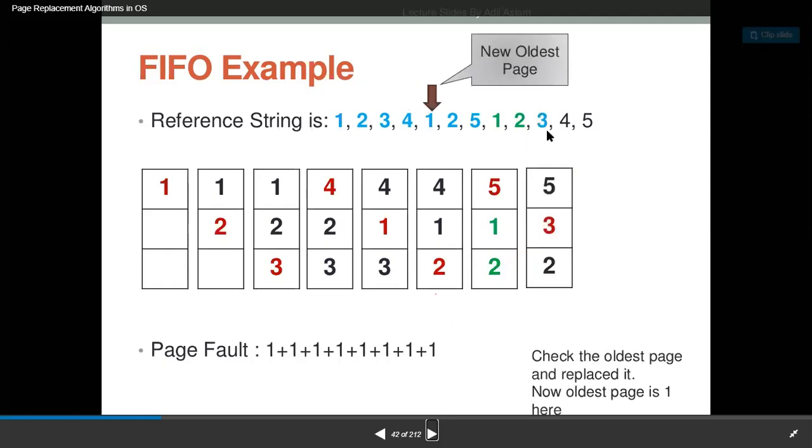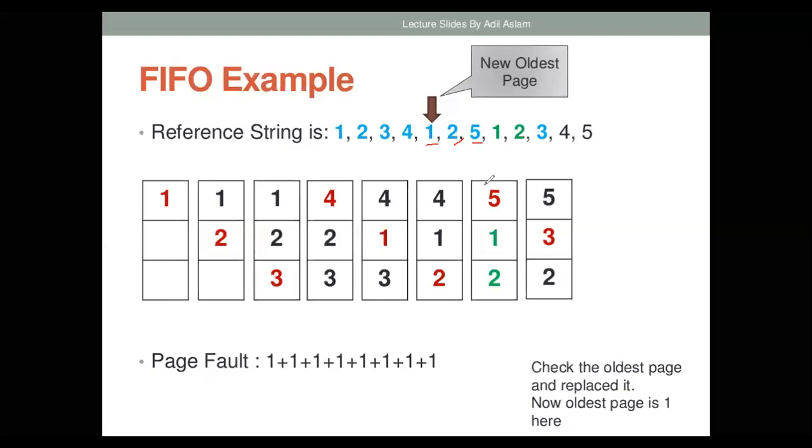Then we're looking for 3, but 3 is not there, so we actually replace the oldest one out of these three. So 5, 1, 2, 5 was the oldest one. So wait, I think there's a mistake here. So out of these three, 5, 1, and 2, okay, we brought 5 in during this time, 2 in this time, and 1 in this time.